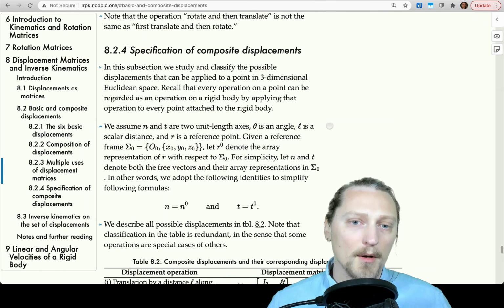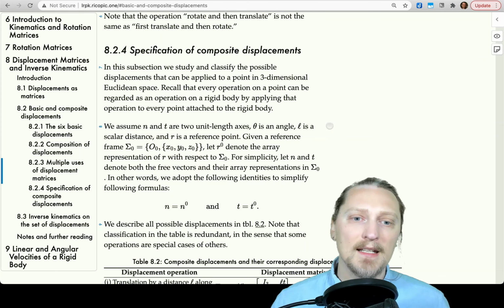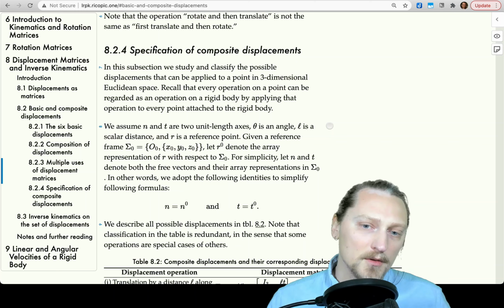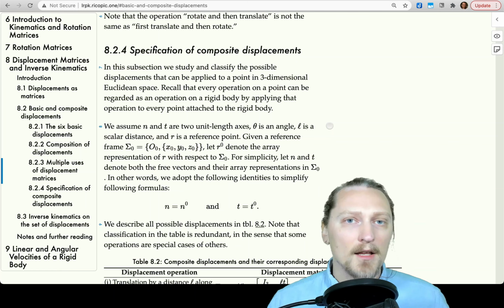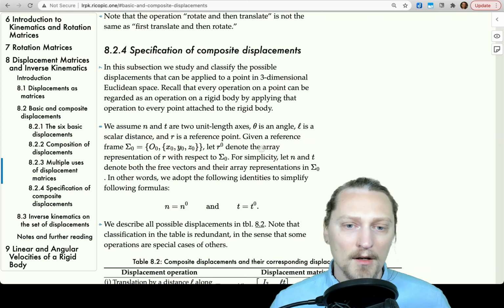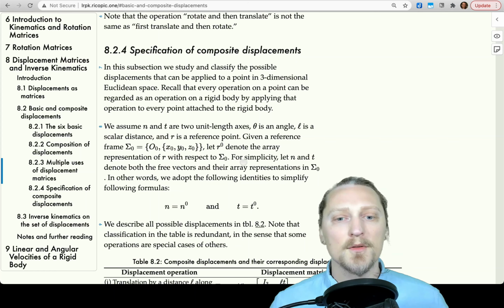We looked at this when we were doing rotations. We assume N and T are two unit length vectors, which are axes for us. Theta is an angle, L is a scalar distance, and R is a reference point. Given a reference frame, sigma 0, let R0 denote the array representation of R with respect to sigma 0.